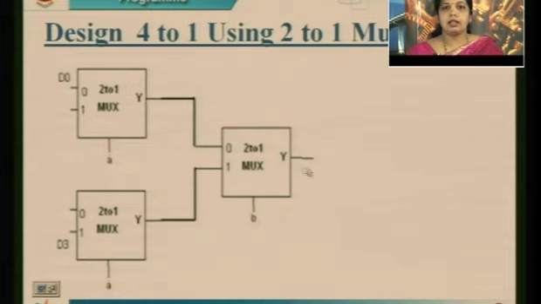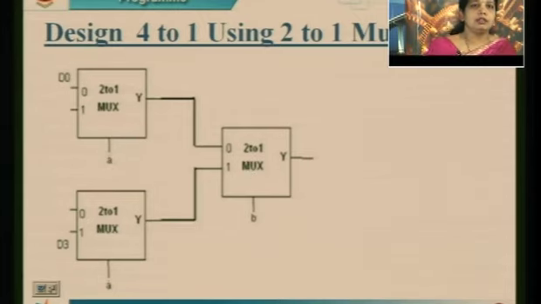At a time I should get a single output using 2:1 muxes plus one more 2:1 mux at the output side. We are going to discuss this design in the next session: using 2:1 multiplexers to get the design of 4:1.